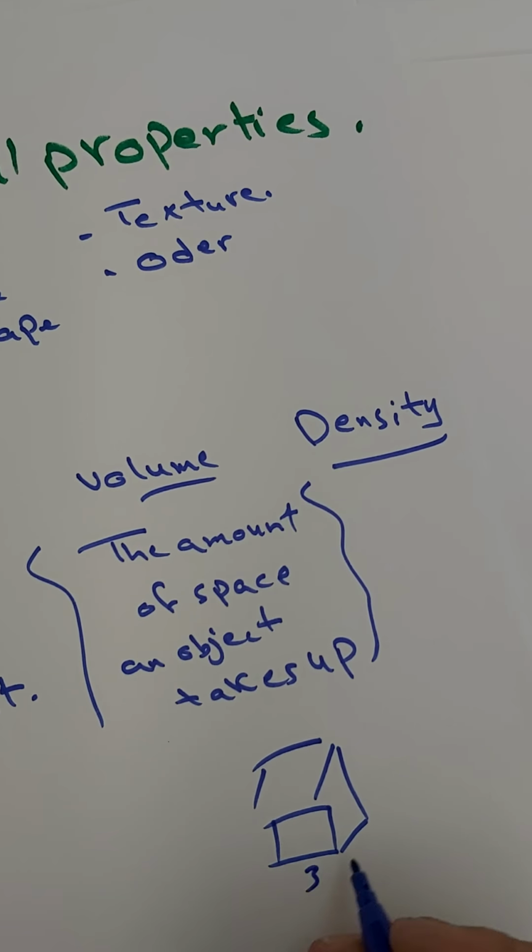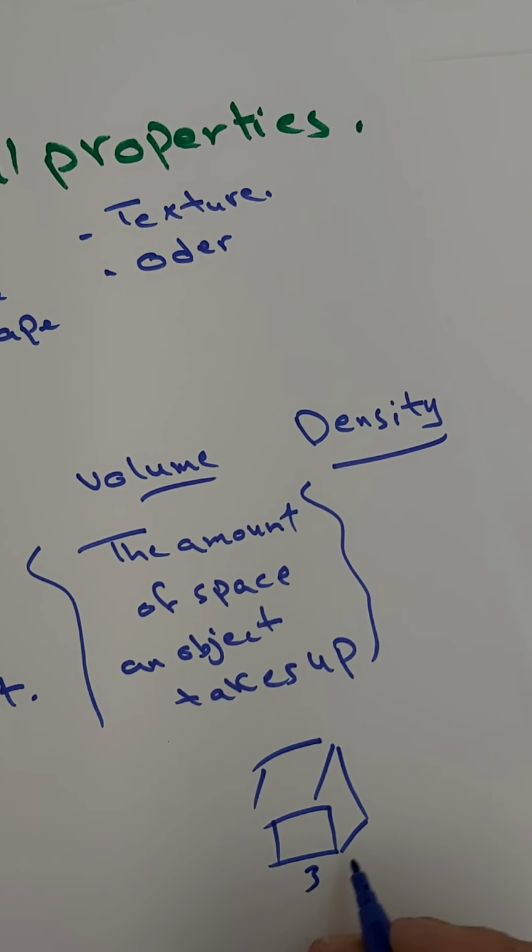What about gases? Gases are the third state of matter. Here, for example, if you put a gas inside a ball, you can squeeze it, so you can change the volume.